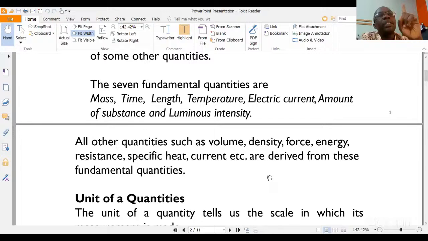Volume is obtained from multiplication alone: length times length times length. Density is obtained from multiplication and division: mass divided by volume, but the volume in the denominator contains three multiplications, length times length times length. So that is density for you. Density is a derived quantity because it is obtained from fundamental quantities.